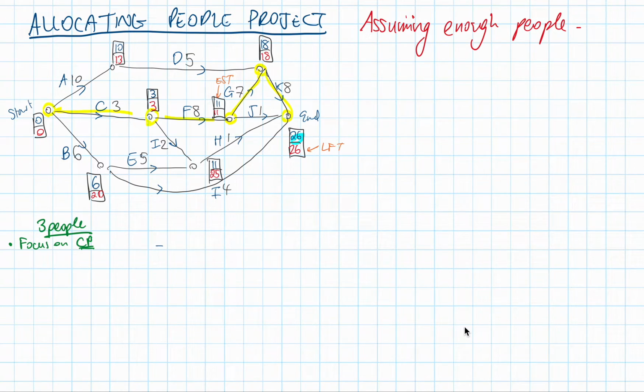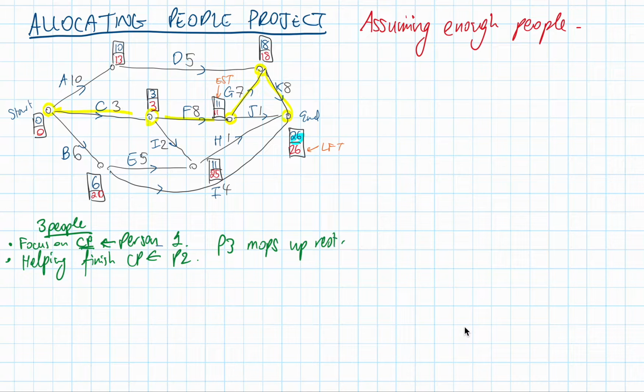You allocate that to person 1. Then person 2 is helping finish the CP. That's person 2. That's my rule of thumb. Then person 3 mops up the rest. Okay. So let's go through this and I'll show you how it works.